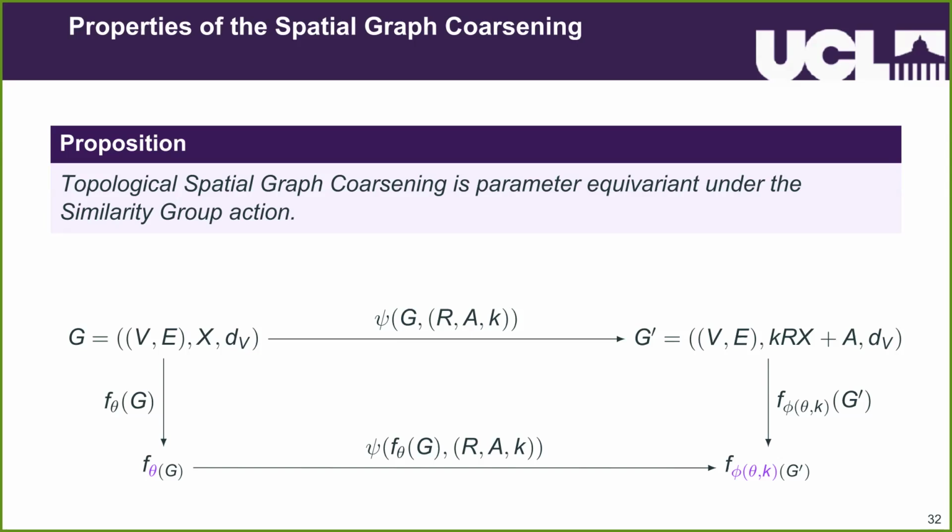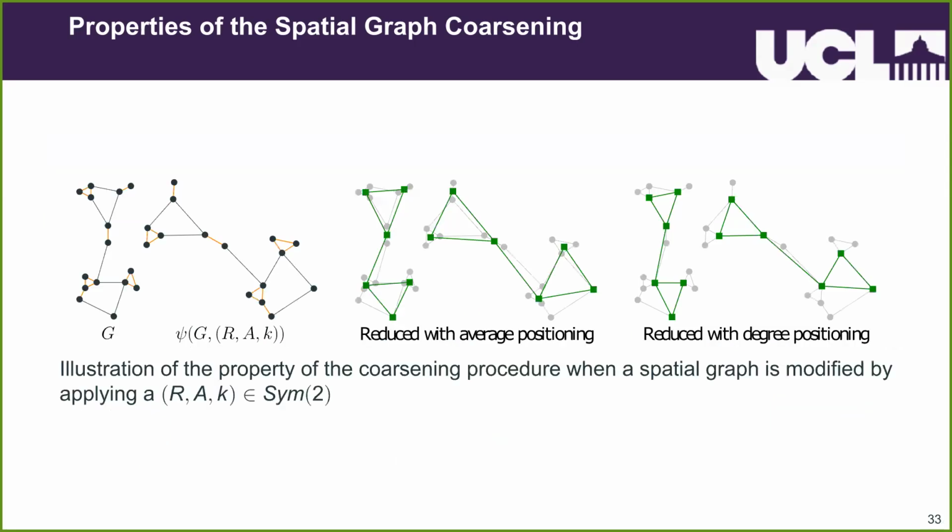It's nice to have this property because this is really a problem you have when you work on real data. You can really receive them up to these group actions. So if I have a G and a new G that has been rotated and so on, I'll get exactly the same structure out with the corresponding rotated result. Okay.